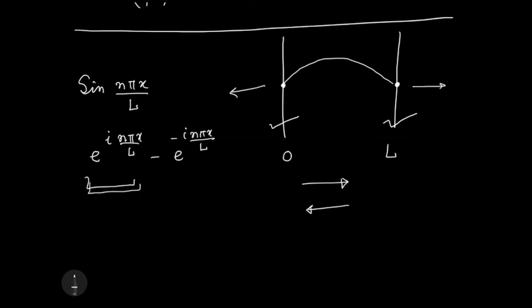Separately, e to the i n pi x by L is an eigen function of the momentum operator. Here, the momentum is n pi by L, which is k times h cross. Here, the momentum is n pi by L times h cross with a minus sign. So this is as if there are two waves, one going to the right and one going to the left, just like the classical analog.